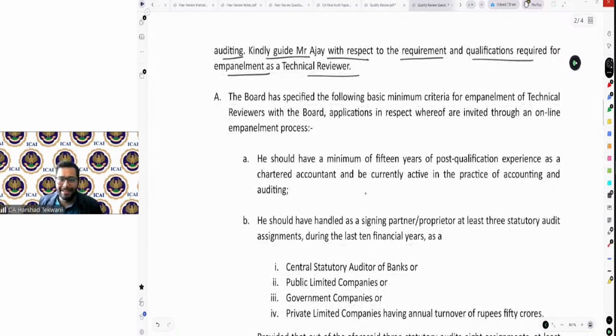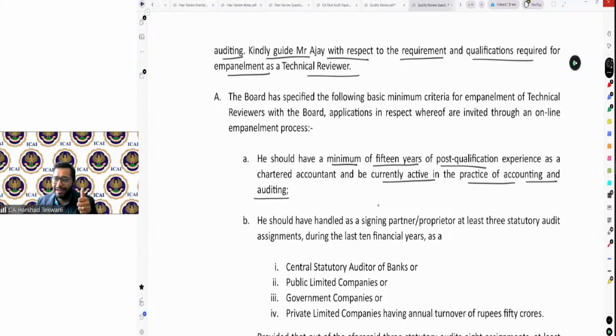So, to qualify as a technical reviewer, the basic eligibility and qualification criteria are: first, a chartered accountant in practice should have a minimum of 15 years of post-qualification experience and be currently active in the practice of accounting and auditing.